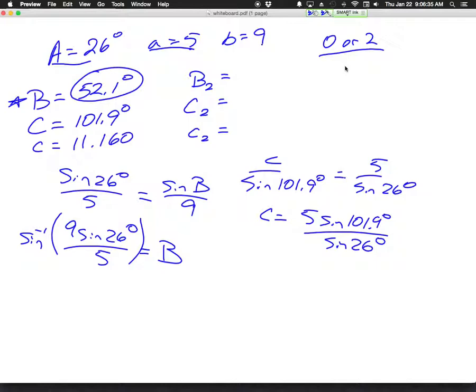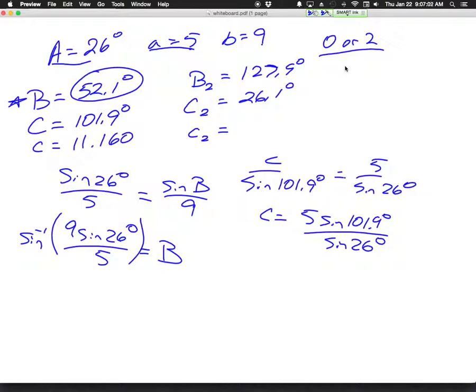So what do I end up with on angle B? 127.9 degrees. Then I can automatically get angle C to be what? Would you add A and then B? 26.1.